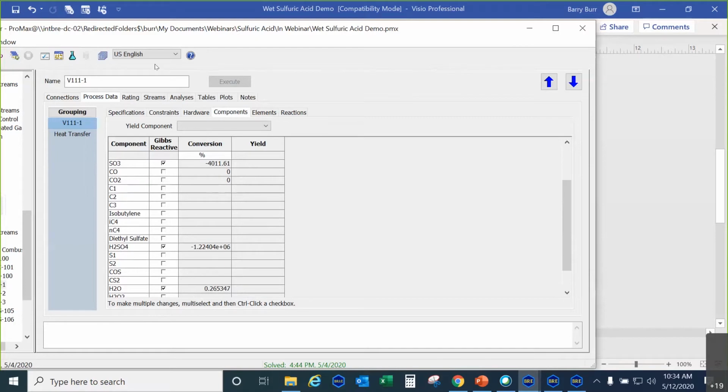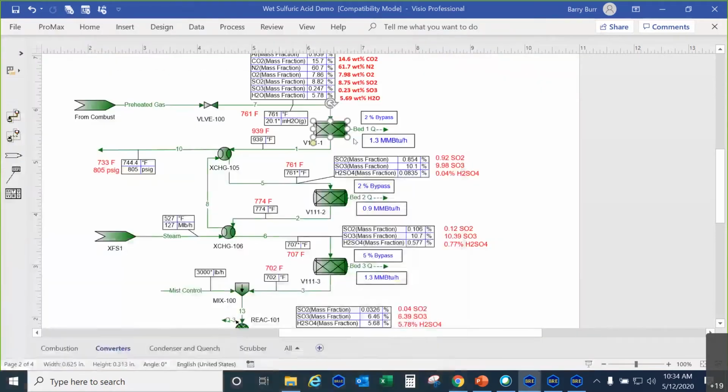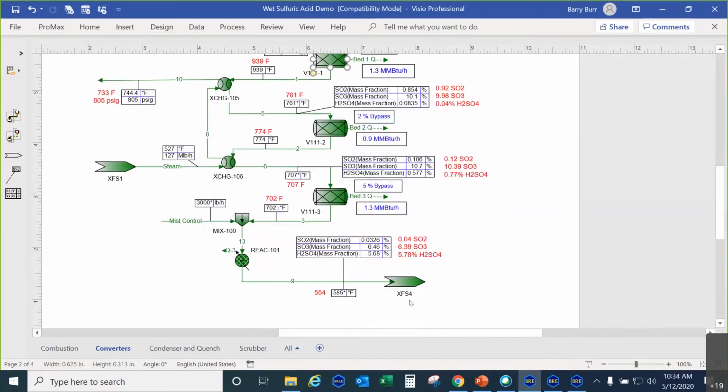So the equilibrium amount of those is reached in each of these beds. We have 2% to 5% bypass on these beds to best match the data. And then a small amount of heat is being extracted also, which I think can be well explained just by ambient heat losses. And you see the expected compositions out of each of these.